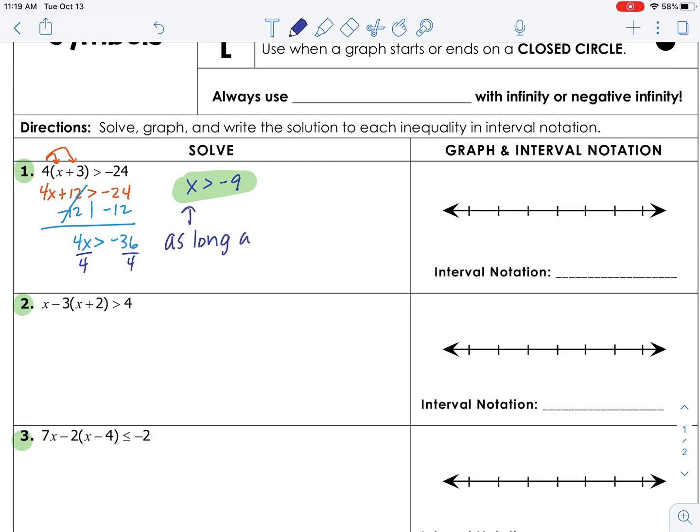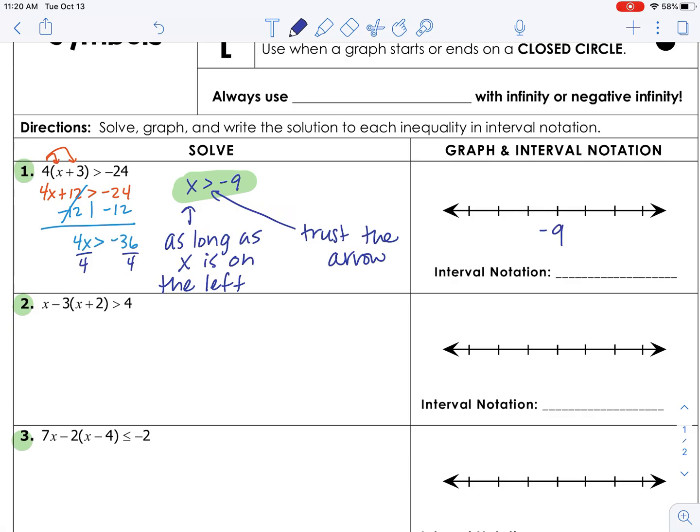As long as x is on the left, we can trust the arrow. This only works if x is on the left. If x is on the left, we can trust the arrow. Well, what does that mean?